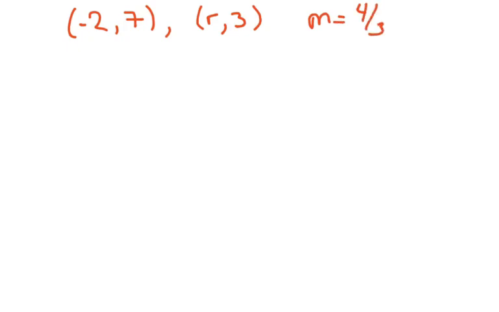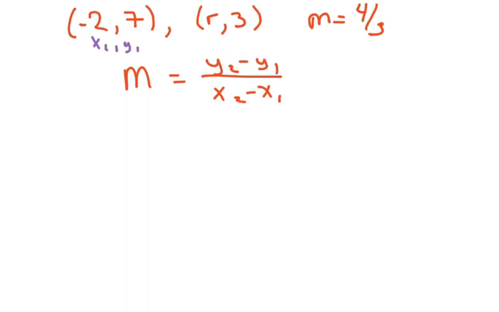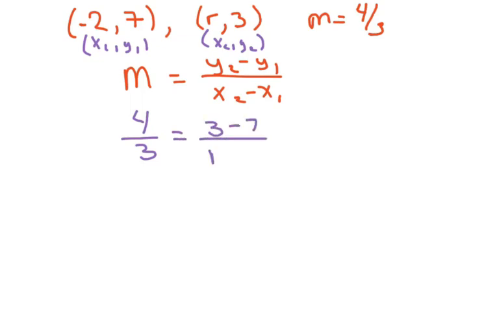So my slope equals y sub 2 minus y sub 1 over x sub 2 minus x sub 1. I'll go ahead and go in order here. This is x sub 1, y sub 1. That's point 1. Point 2 would be x sub 2, y sub 2. So I plug everything in. My slope is 4/3 equals 3 minus 7 over r minus a negative 2.